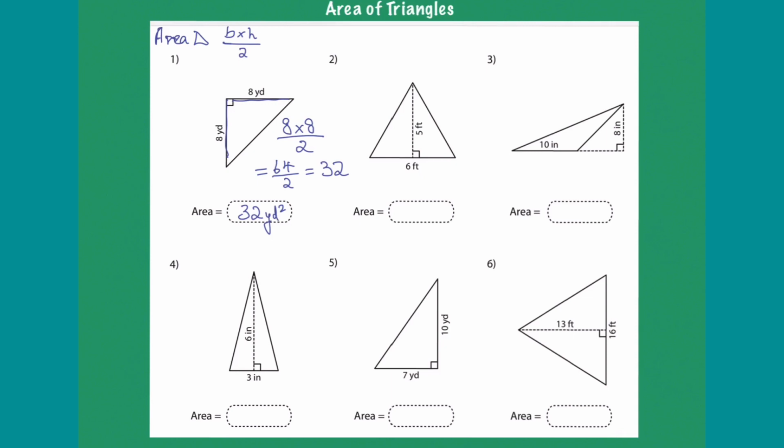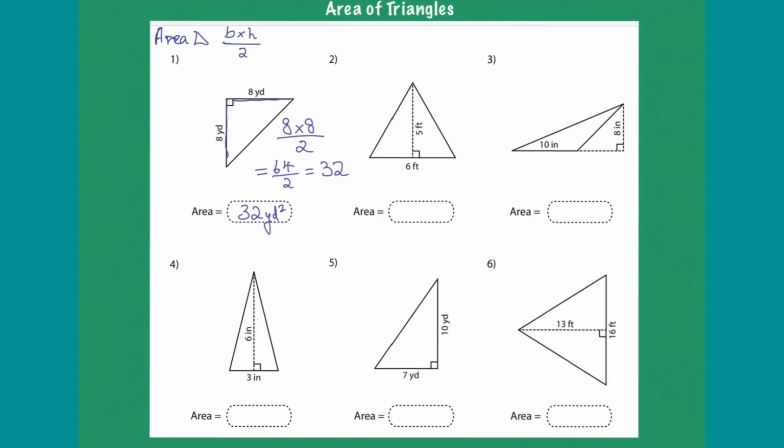So let's go on and do another kind of triangle, number 2. Okay? So let's look for the height here. Now, in this triangle, this will be your height. All right? And then this will be your base.